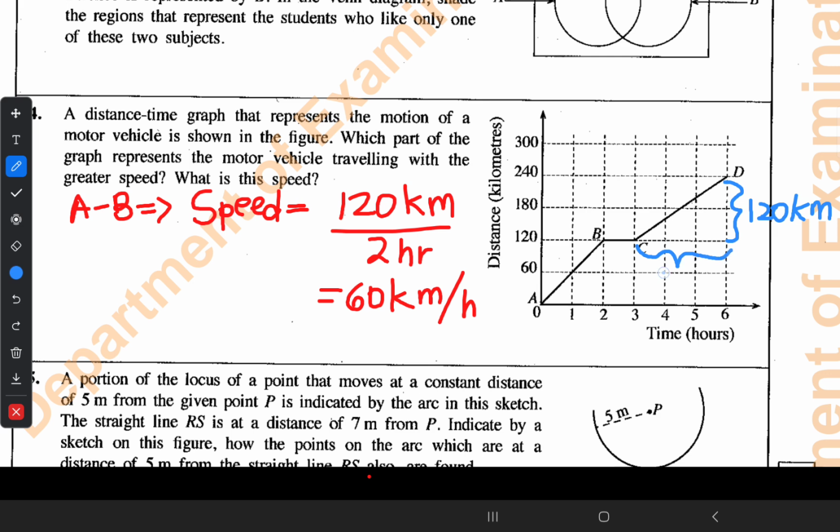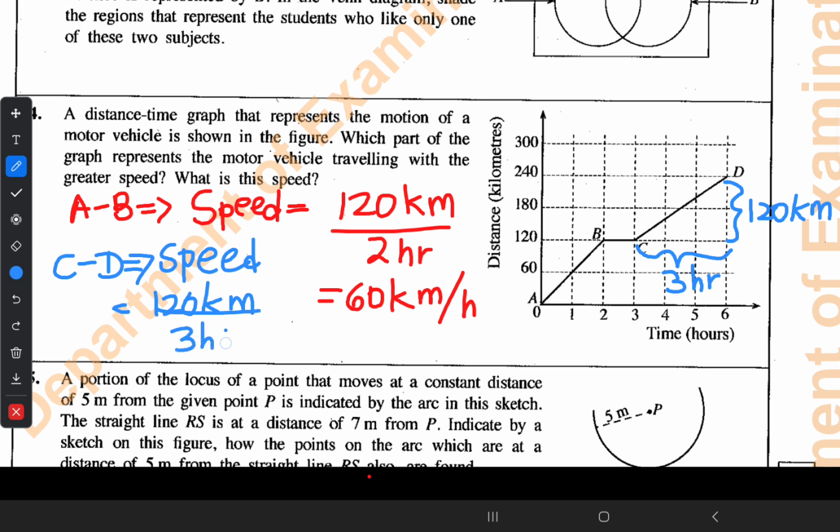So 6 minus 3, that would be 3 hours. In the C to D region, the speed equals 120 kilometers divided by 3 hours. That will give you 40 kilometers per hour.